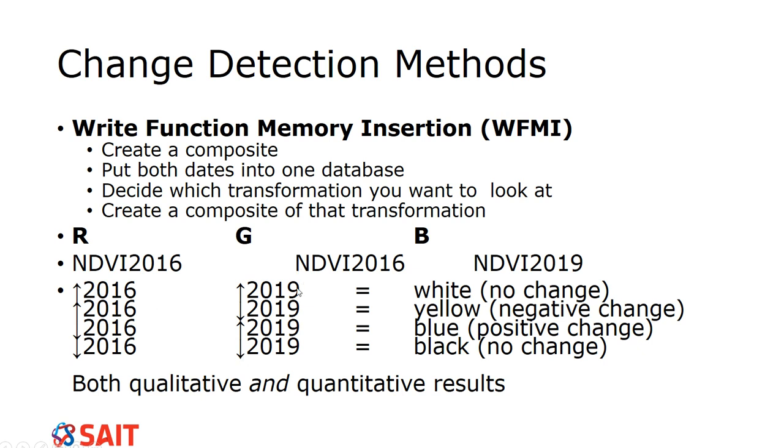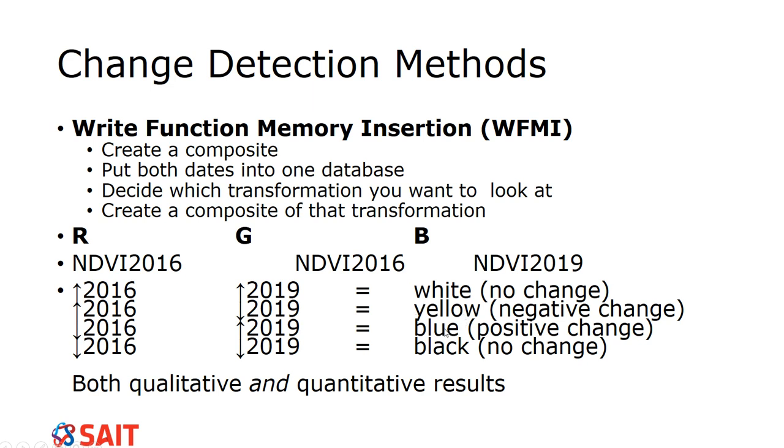So high value white, high value yellow, low value high value blue, and low value black. When I'm referring to positive and negative change here, this gives me the opportunity to say it went down. NDVI in this case, the health of the vegetation, has gone down if I'm seeing yellow.